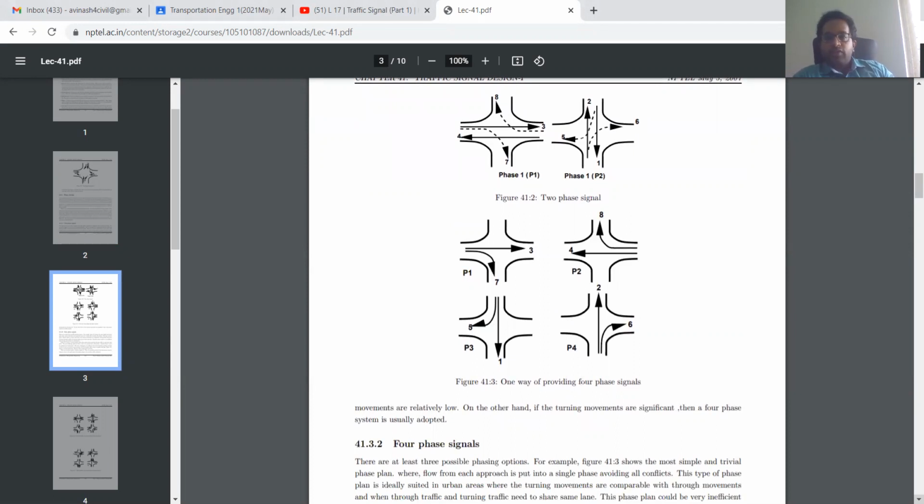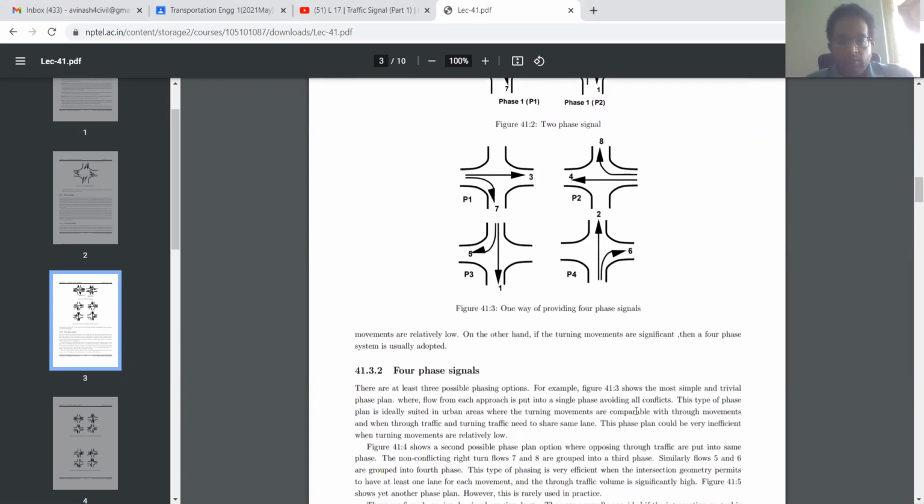Now coming to the next phase, that is the four-phase signal. What is present in a four-phase signal? Figure 41.3 is showing one simple case of a four-phase signal. Here you can see that the vehicles from each approach are put into a single phase for avoiding all the conflict. For example, in the first figure, the traffic is approaching from this phase.